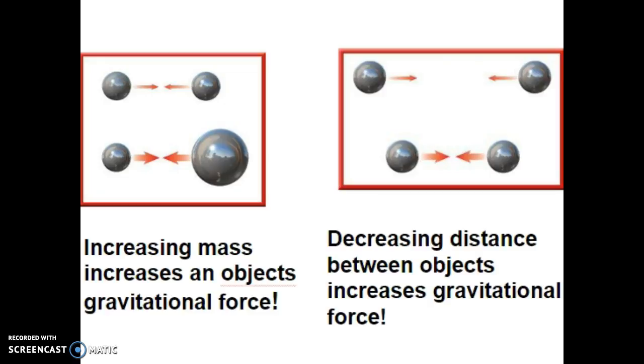So large objects have a very high gravitational force, and small objects have a very small gravitational force. If you decrease the distance between objects, you will increase gravitational force. In other words, the closer two objects are, the more gravitational attraction they will feel. The further apart they are, the less gravitational force there is.